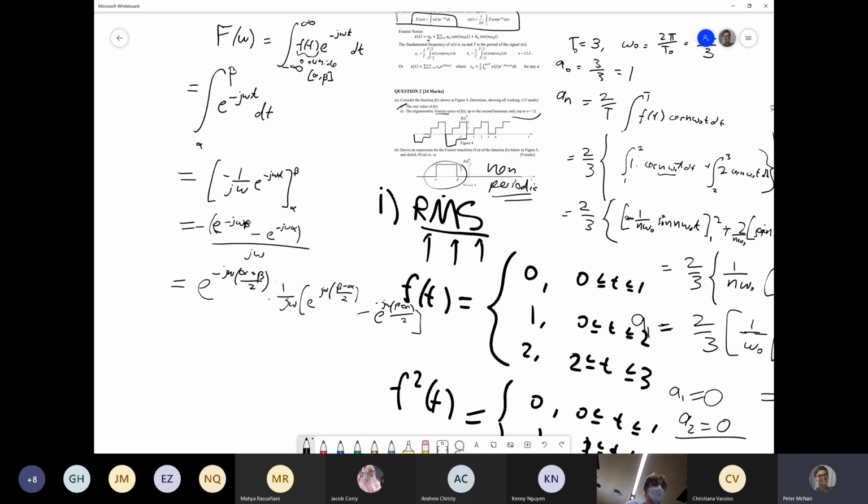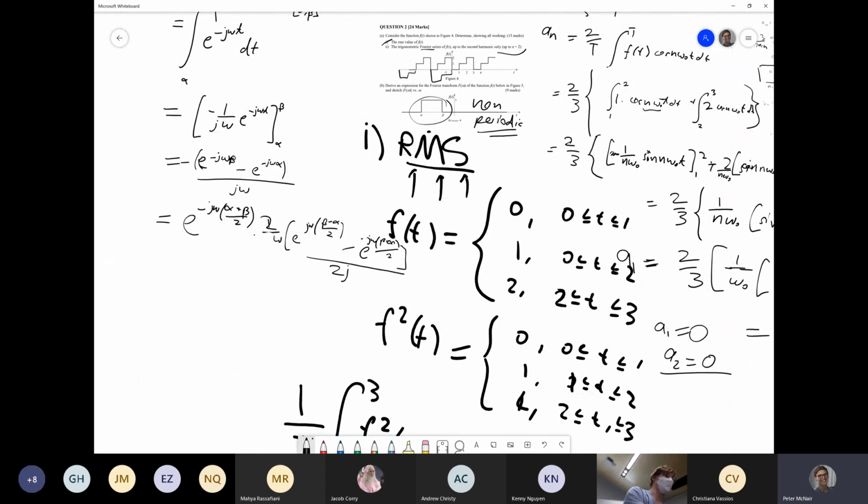And then we could multiply this by 2 and move this to on 2j. So this is complicated stuff, but essentially what we're doing is we're trying to massage this into having some form of a sine looking thing.